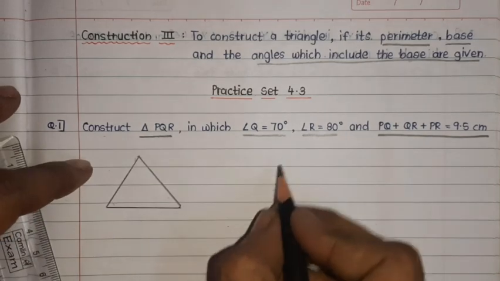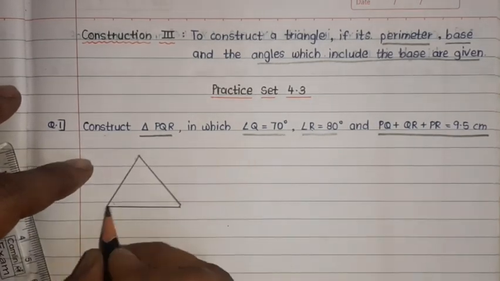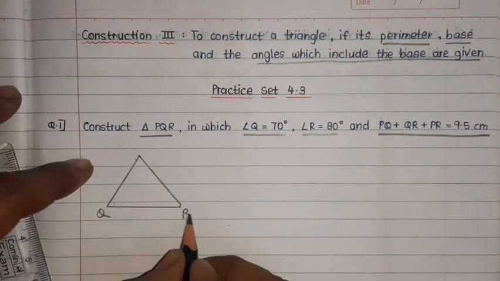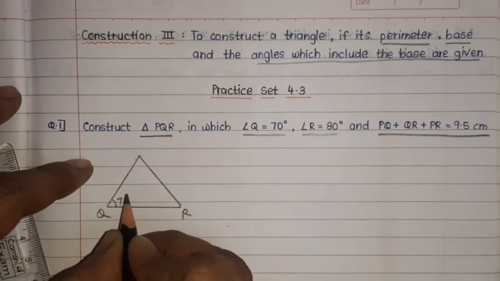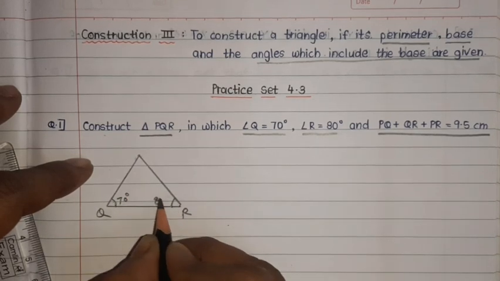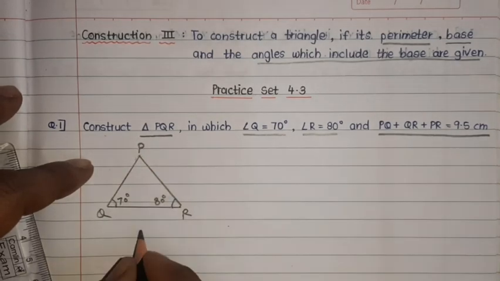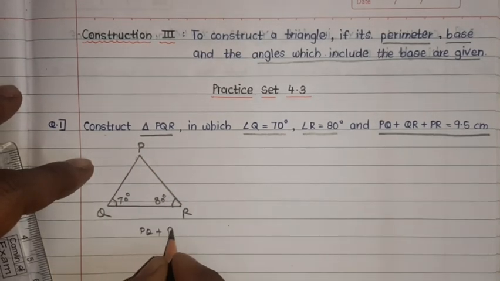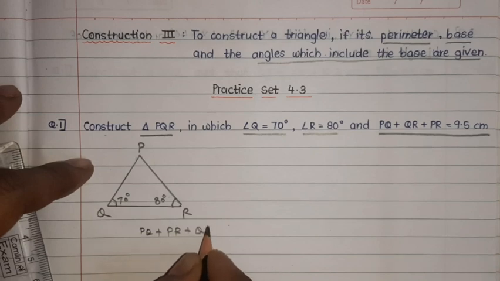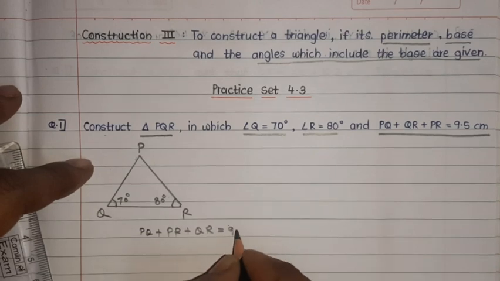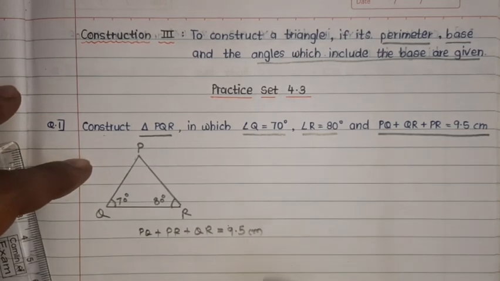Here, angles Q and R, that is, base is QR. Angle Q is 70 degree, angle R is 80 degree, and here it is point P. PQ plus PR plus QR is equal to 9.5 centimeter.